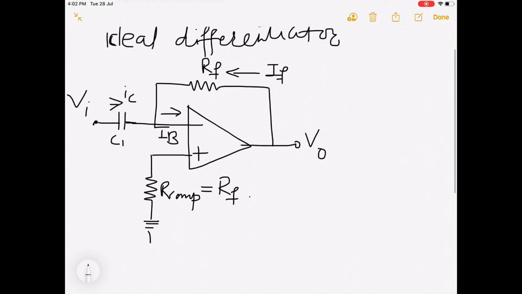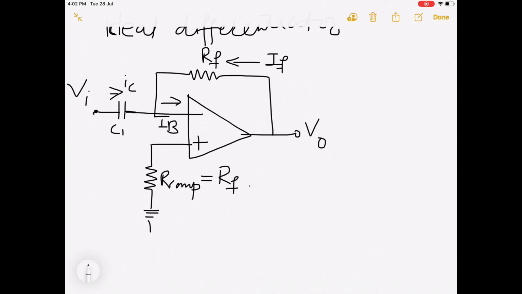This is the ideal differentiator. The expression for the output voltage can be obtained from Kirchhoff's current law. By using KCL at node A we can write IC is equal to IB plus IF.